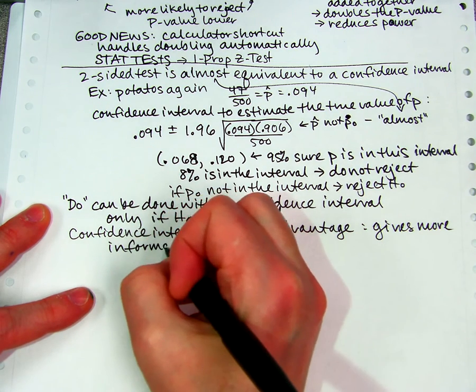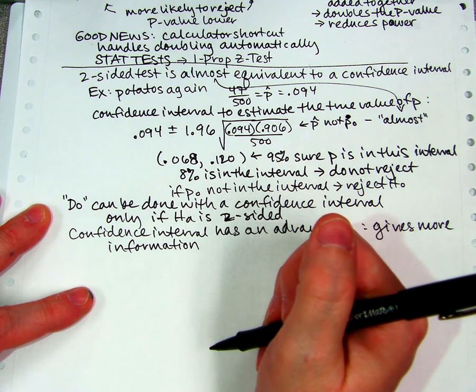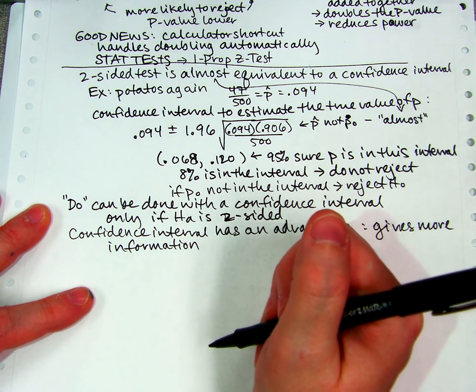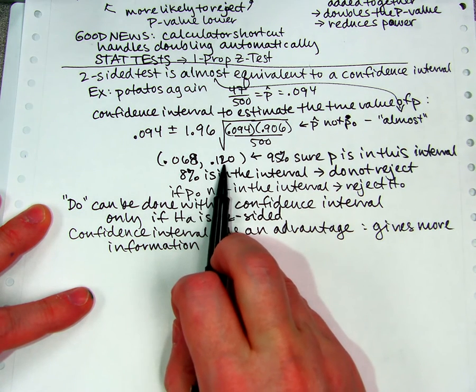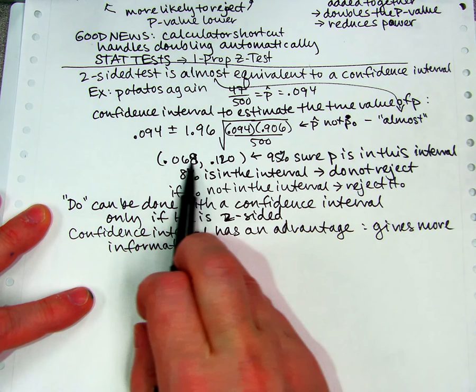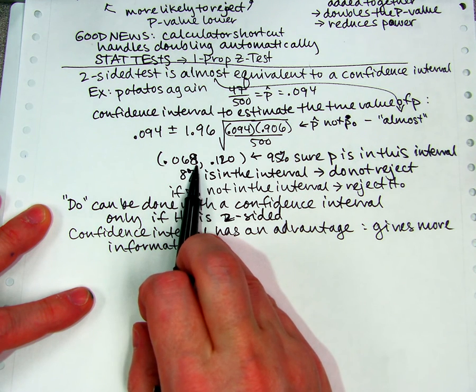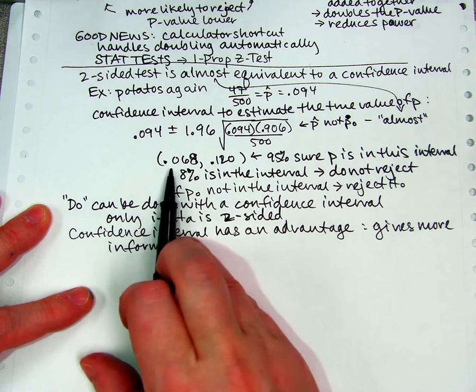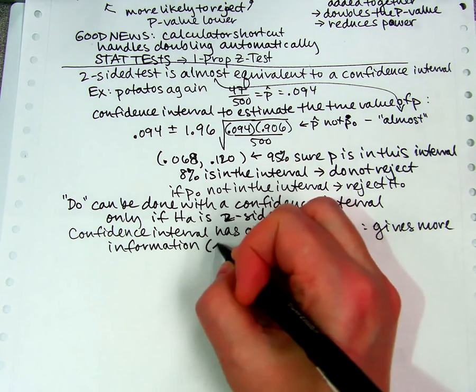In other words, maybe I don't just want to know, is it 8% or is it not, but maybe I want to know just how bad could it be. This is saying that shipment of potatoes could be as bad as 12% blemishes, or it could be as good as only 6.8% blemishes. It could be anywhere in there, and that gives me an estimate of what the true value is.